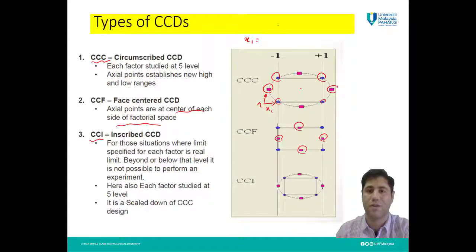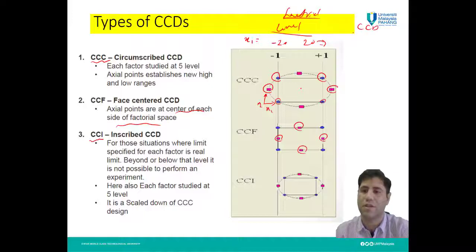We select levels for x1: low, medium, and high, or low and high in factorial design. For example, temperature low -20, high 20. Then we change from factorial to CCD design. Then for this factor we need, for example, -30, -20, 0, 20, 30.